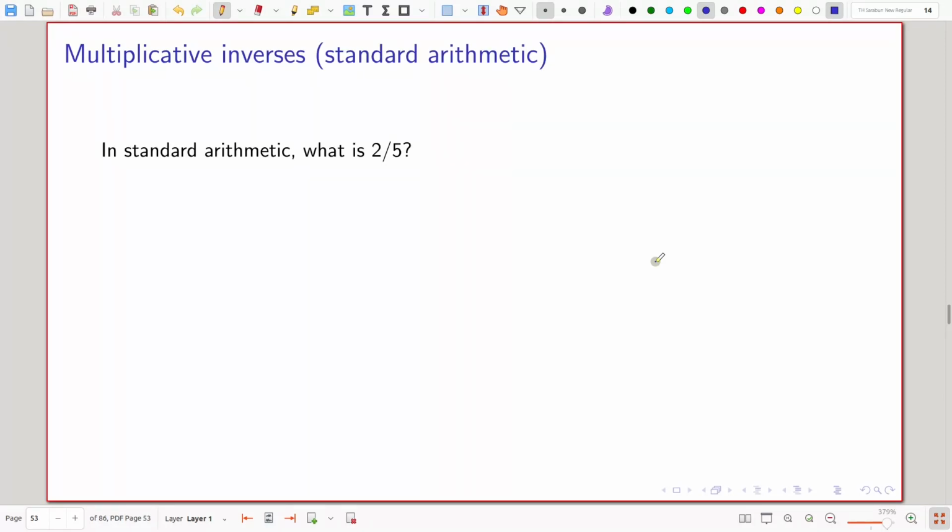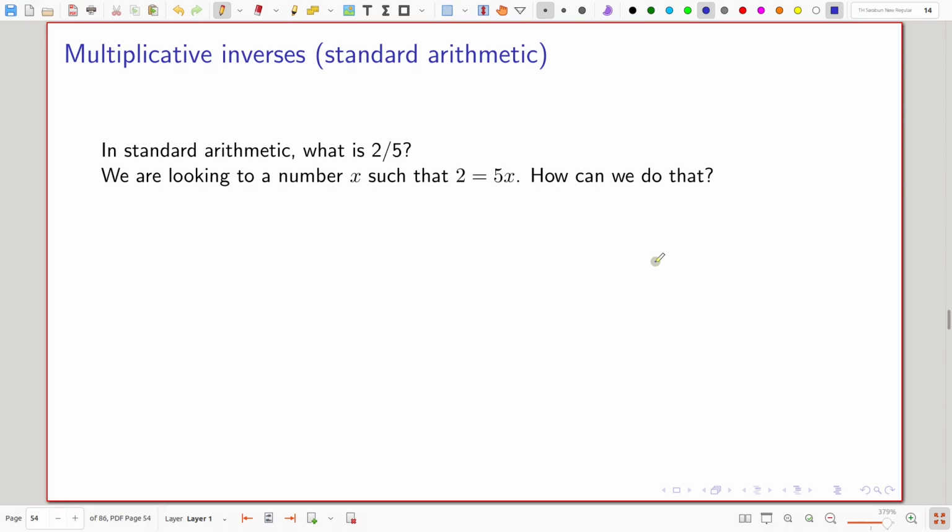Now, let's go over this really quickly before we do some practice. Let's go back. Forget about modular arithmetic. If you have standard arithmetic and you want to find out what 2 over 5 is, how can you do that? What is 2 over 5? 0.4, right? But what exactly is 0.4? We will think of it this way. We want to find some number.